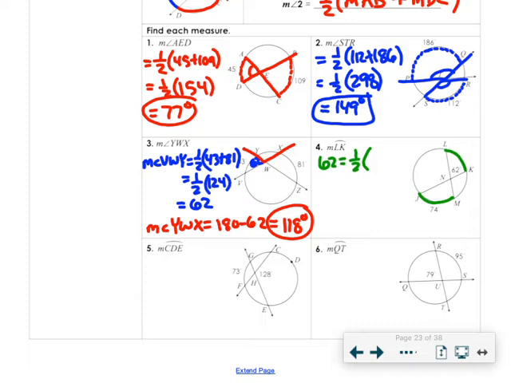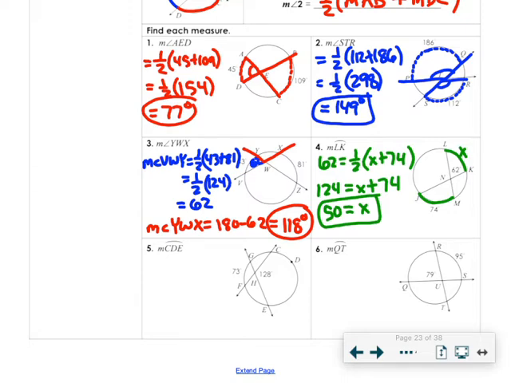Let me just call this X for now. X plus 74. I can solve that for X. The easiest route is to just double both sides to cancel this 1/2. So if you double both sides, you get 124, and now the 1/2 is gone. So we have X plus 74. And once you subtract 74, you get that 50 is equal to X, and that's equal to our arc LK. So that one was working backwards.